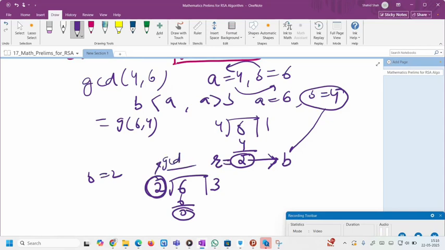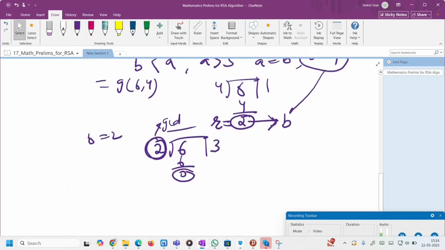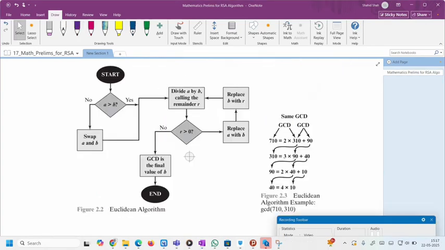This trend is true for all sorts of numbers when we want to find the GCD, and it was first discovered by the great mathematician Euclid, and it's called the Euclidean algorithm. Here is the general form of the Euclidean algorithm.